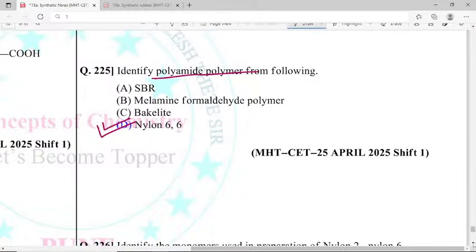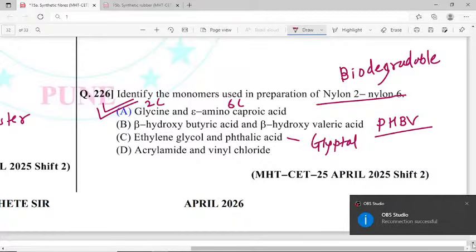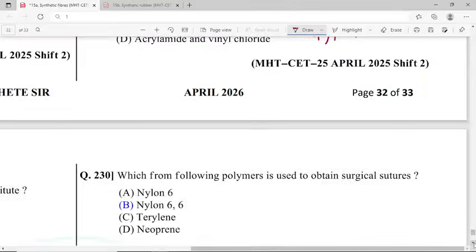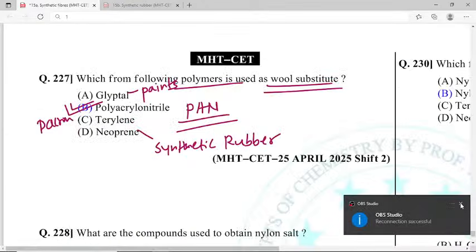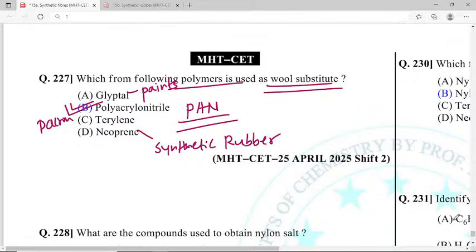Nylon 6,6 is a polyamide polymer. So nylon is always polyamide. Polyamide is the term that stands for nylon. Vinyl chloride. This is a mixed type of the amide. Rubber. If there is synthetic rubber, always remember synthetic rubber is always neoprene.